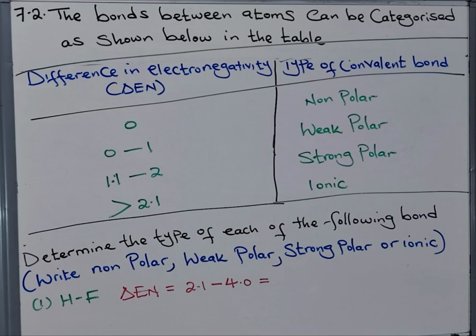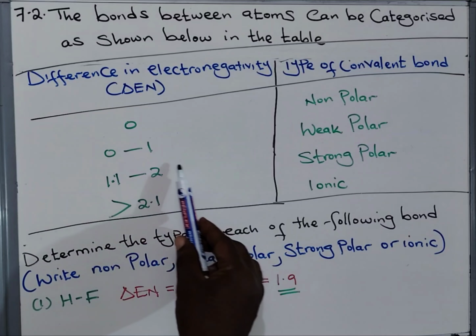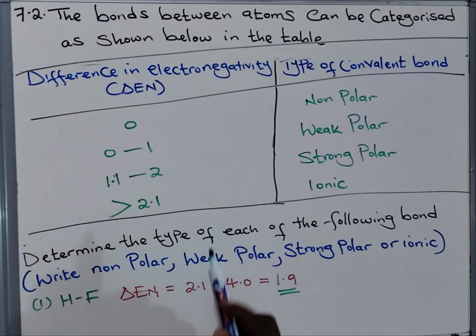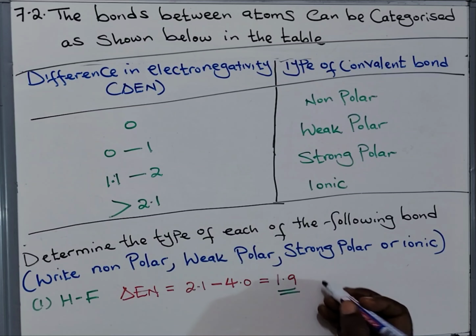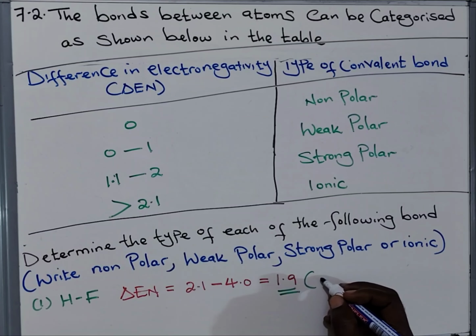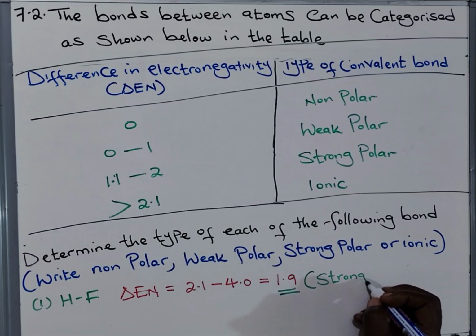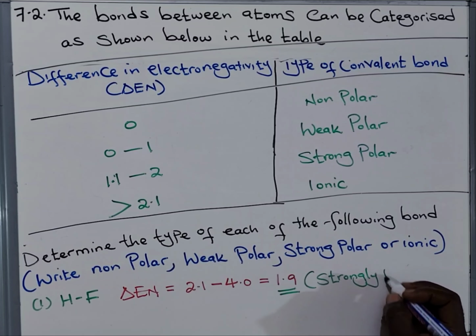So what is the difference? The difference is 1.9. And 1.9 falls in this category, 1.0 to 2. So what can we say? It is strongly polar.